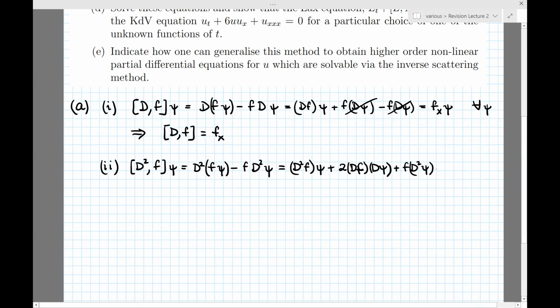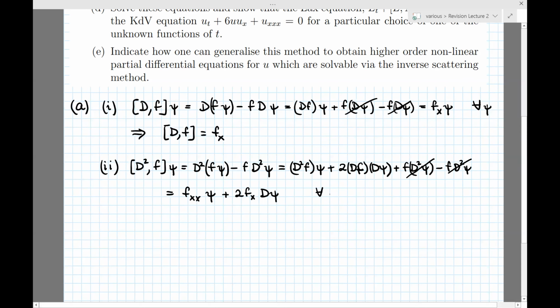And then we subtract the negative term in the commutator, minus f D squared psi, which cancels against the last term that we wrote there. So now if I write the derivatives acting on f using the subscript, we get fxx, which multiplies psi, plus 2fx, which multiplies the derivative acting on psi.